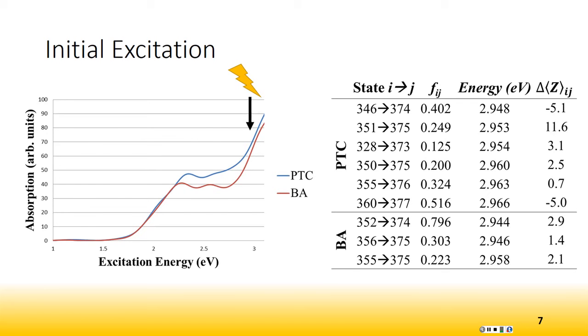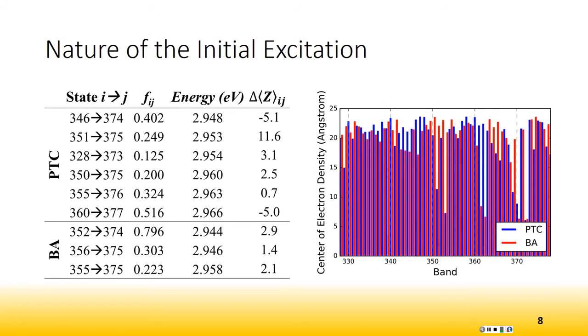How we get this is we look at the different states and then plot the center of mass. We can see that it's localized on the ligand, and everywhere else on top is localized on the quantum dot.